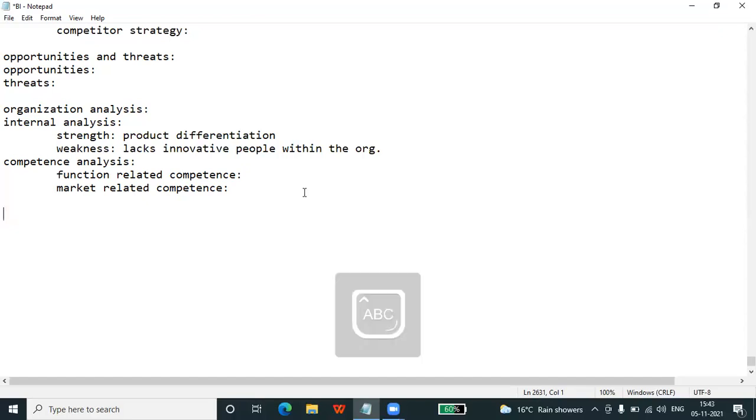Next is SWOT matrix. So after the previous analysis, John can create a SWOT matrix to perform SWOT analysis.